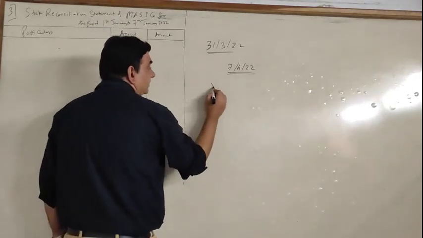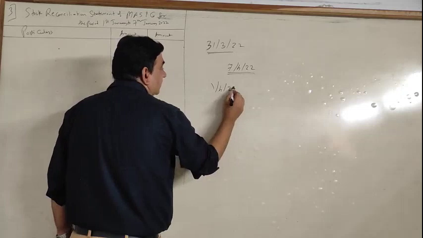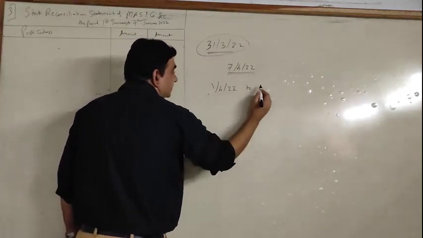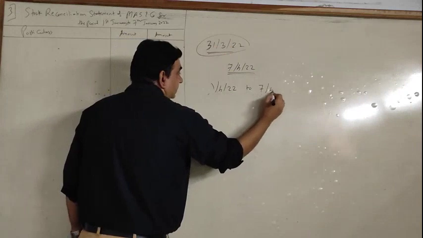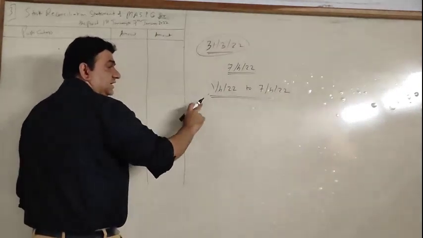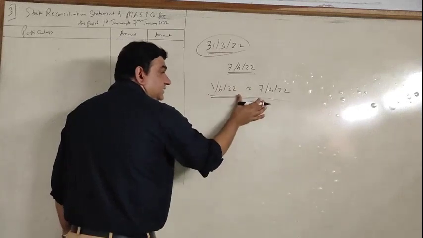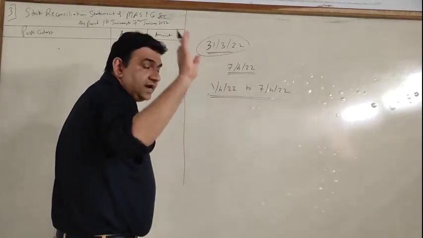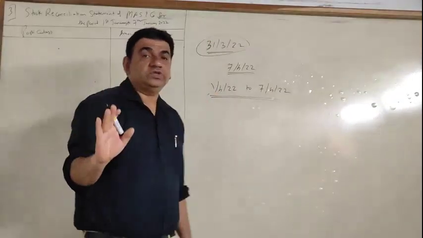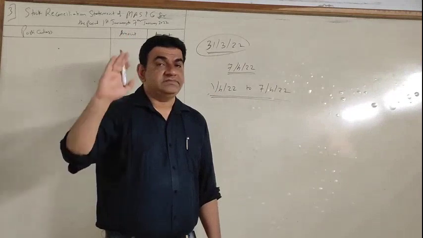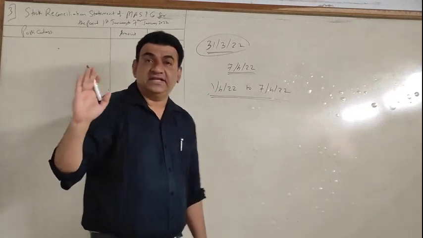So now what will happen? We will have to do the reconciliation from the next day. After 31st March, the next day is 1st April to 7th April. Whatever transactions have taken place in this period, we will have to adjust. Again, in the third and fourth questions, I am just keeping transactions for purchase return, sale return.